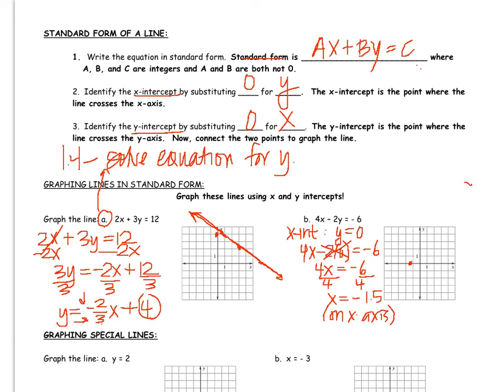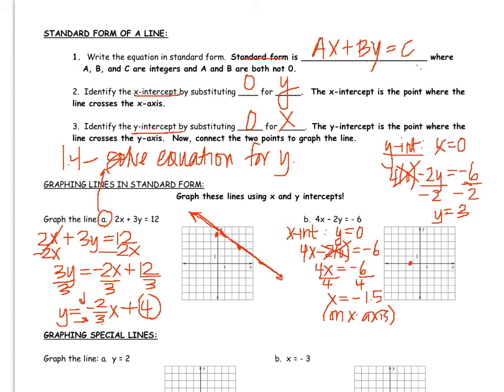Okay? I'm going to put my y-intercept above, but if I'm going to find my y-intercept, I make x 0. So I take 4 times 0 minus 2y equals negative 6. This goes away. If I divide by negative 2, then y equals a positive 3.